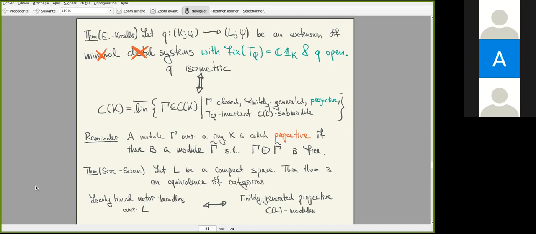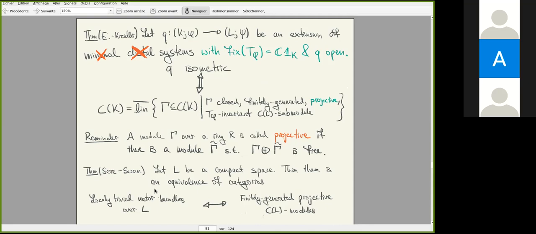And the Serre-Swan theorem just says that if you have a compact space, then there is an equivalence of categories between locally trivial vector bundles over the space and finitely generated projective C(L) modules. So this explains a bit why you get these finitely generated projective modules here. There's a Serre-Swan type theorem with locally trivial vector bundles hiding.